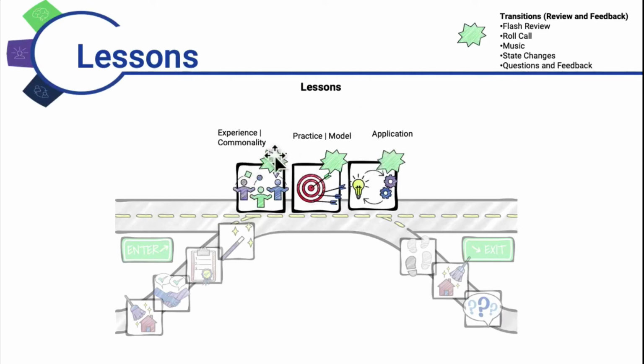And then in between each of those sprints, I stop to help reduce the cognitive load and help learners review the information. This builds confidence. These are the things that I might do during those transition periods. I do state changes, play some music, have them stand up. I'll do a roll call, attendance, do a flash review. A flash review is just a quick review of everything that we learned in the previous sprint before that.